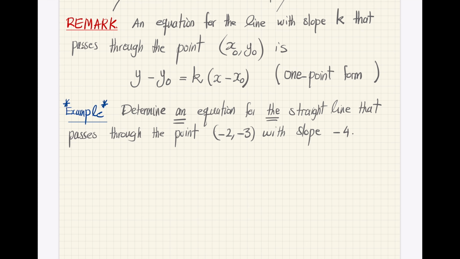As soon as you see this starting sentence, determine an equation for the straight line, and so on, you need to condition your brain in this way. What you need to look for is a point on the line. One point is enough, and you need to find the slope of the line. You shouldn't get confused.